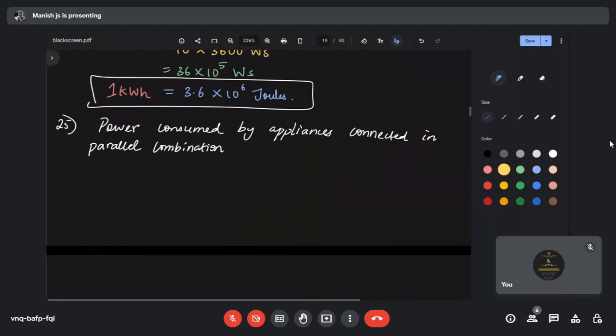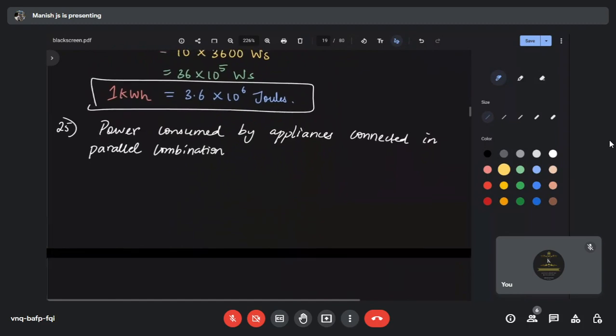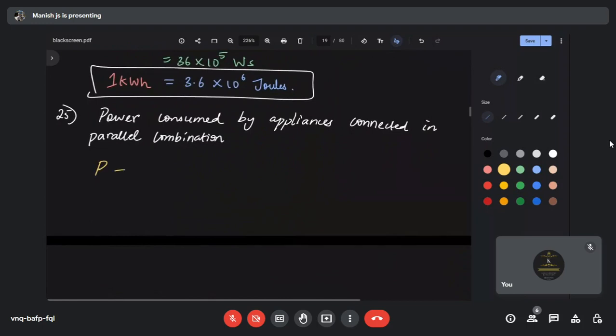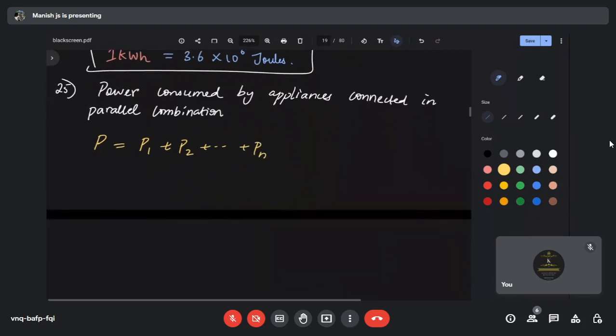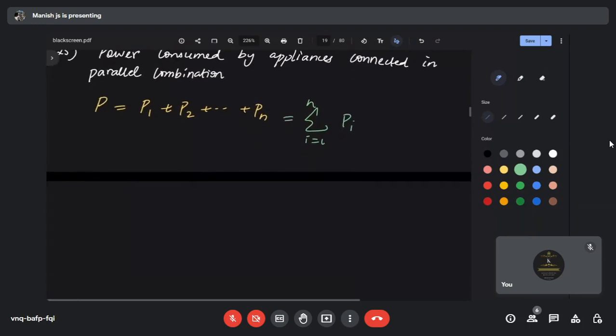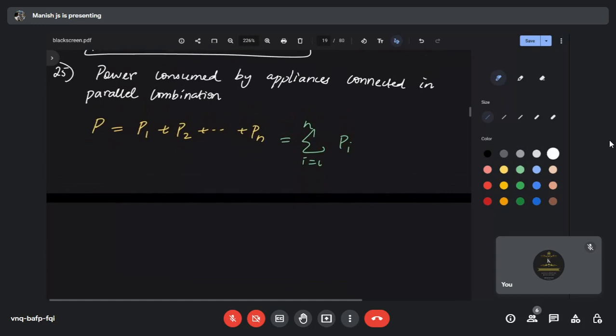Whenever you have n number of appliances connected in parallel, then the power consumed by all of them together can be written as P is equal to P1 plus P2, and it goes on until Pn. It can be expressed in summation as sigma i is equal to 1 to n Pi. So this is the total power consumed by appliances connected in parallel.